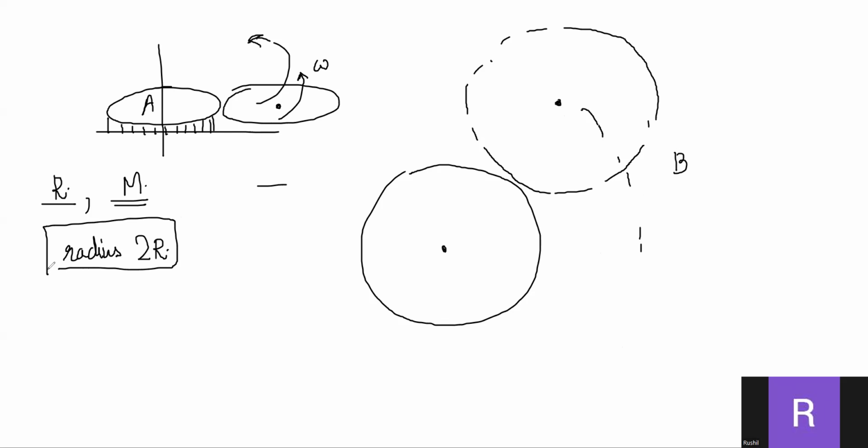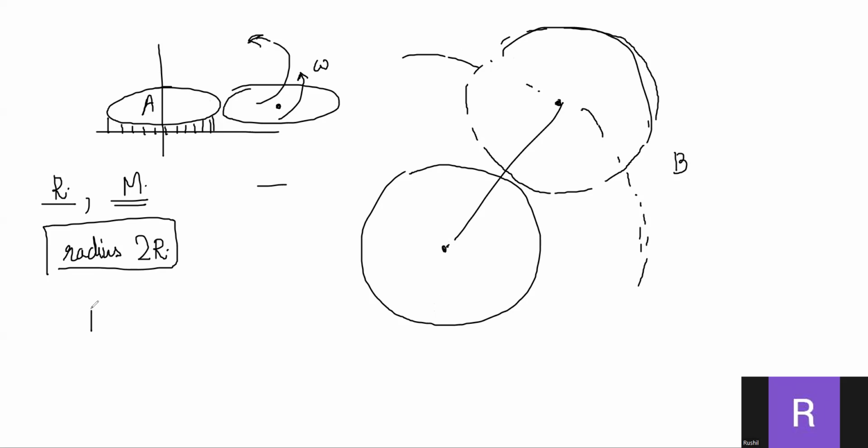Angular momentum of B is this much with respect to the center of A. This is so obvious. What is the issue? It is a pure rotation around this point. You have to do I omega. You cannot find I of this about this axis.